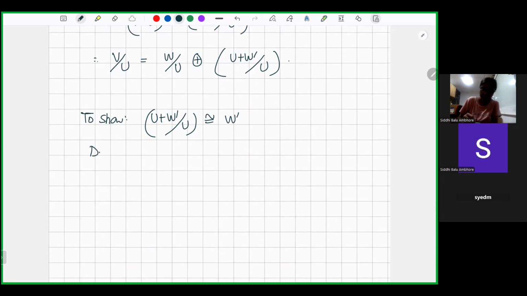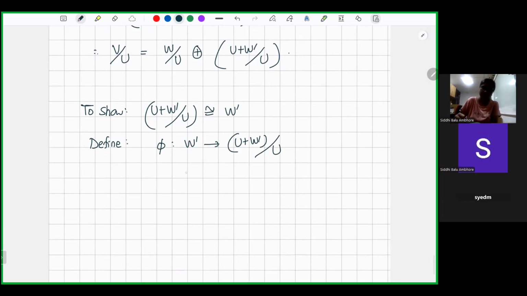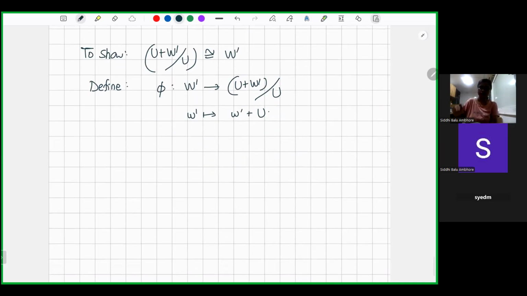So we define this map, phi from W dash to U plus W dash quotiented by U, such that W dash goes to W dash plus U. The simple projection in quotient.